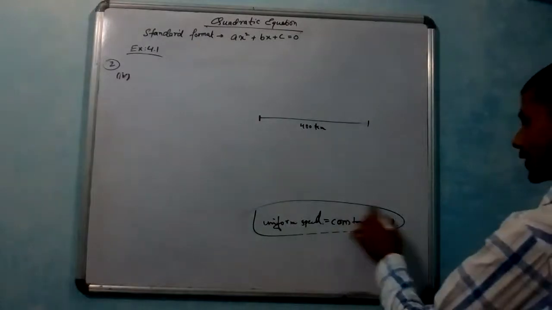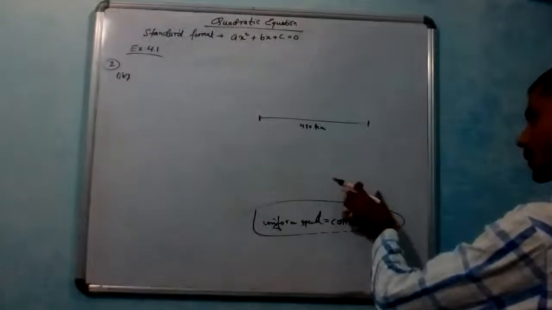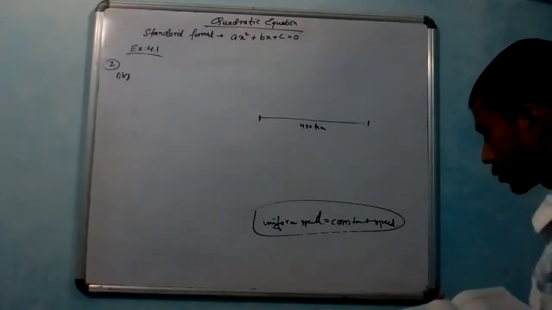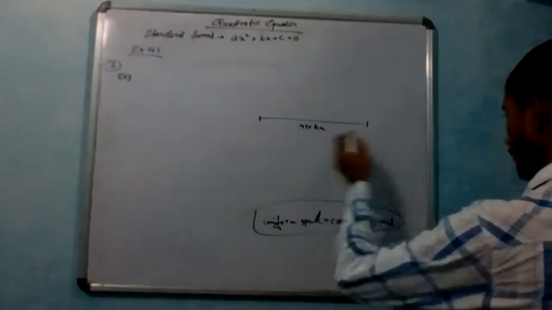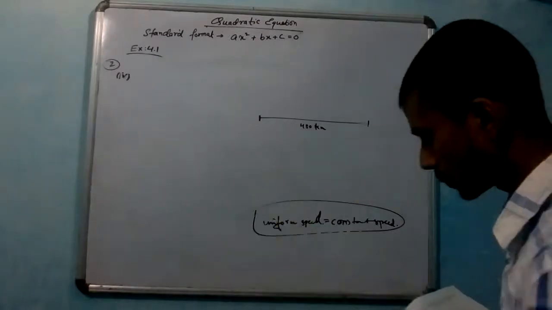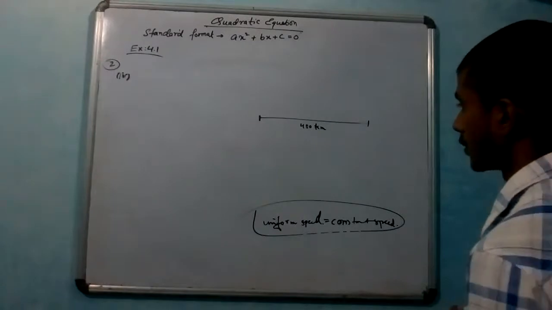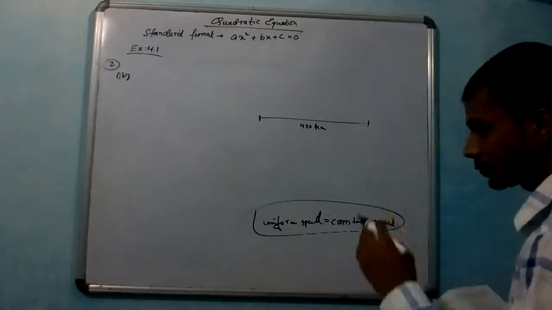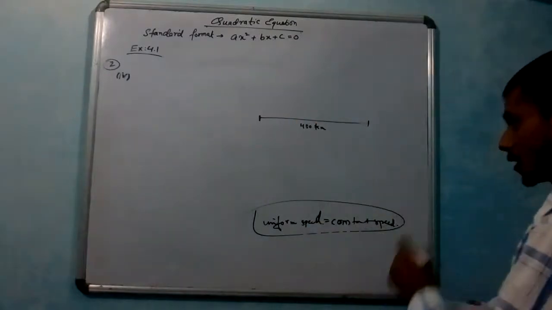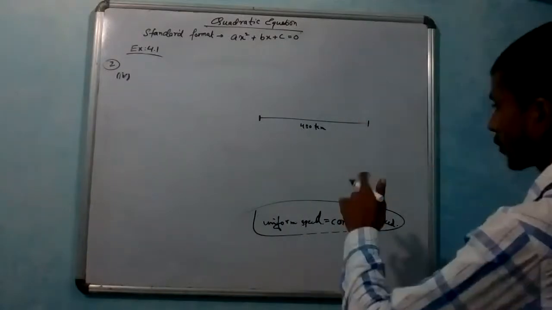Now what is the question here? A train travels a distance of 480 km. This is the distance the train is traveling. If the speed had been 8 km per hour less, what does it mean? Some original speed was there, and the condition is being applied on that original speed. The journey has already finished with some particular speed of the train.